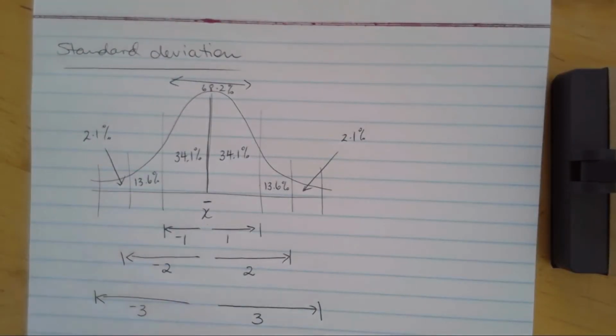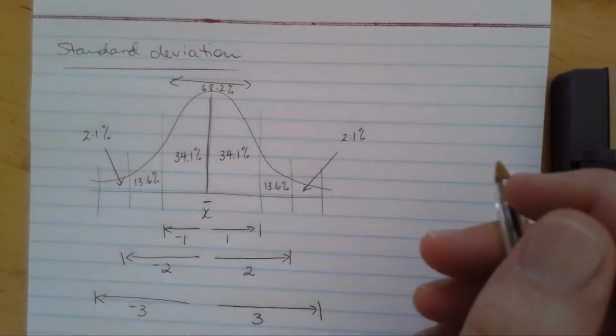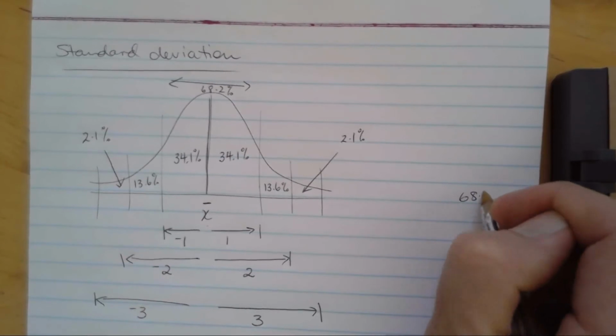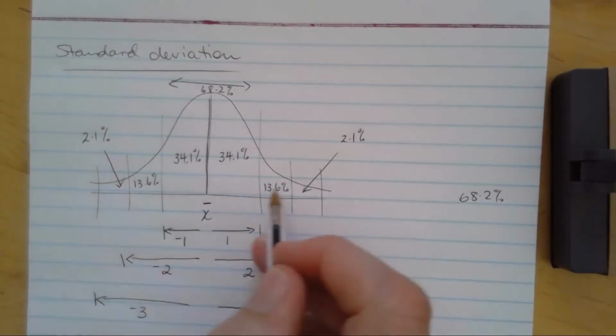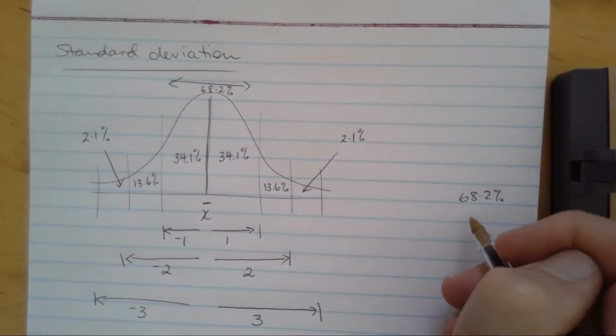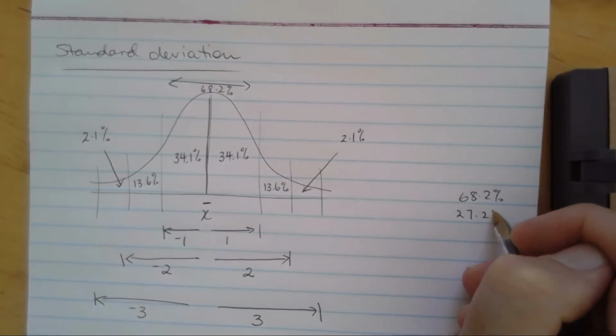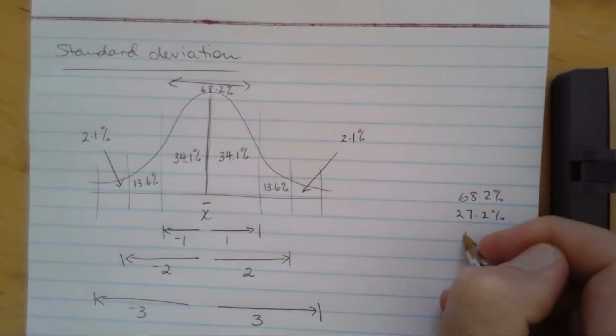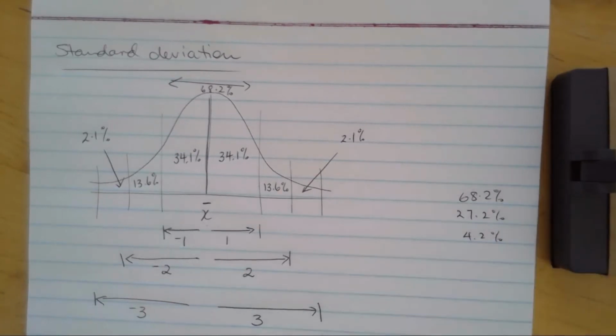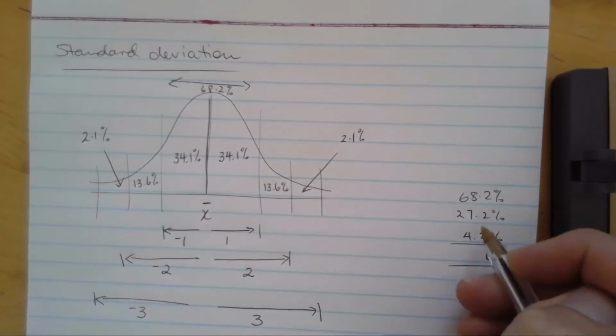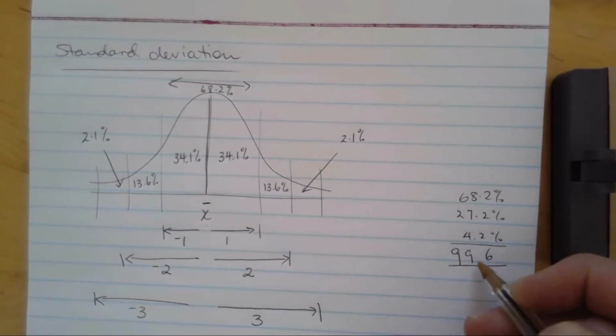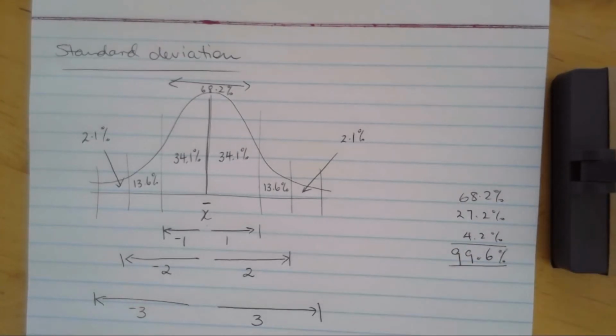Now if you do a quick add up of all of that, I'd have 68.2%, I'd have 13.6 times 2, which gives me 27.2%, and I'm going to have 4.2 there. If we add that up, we get 99.6%.